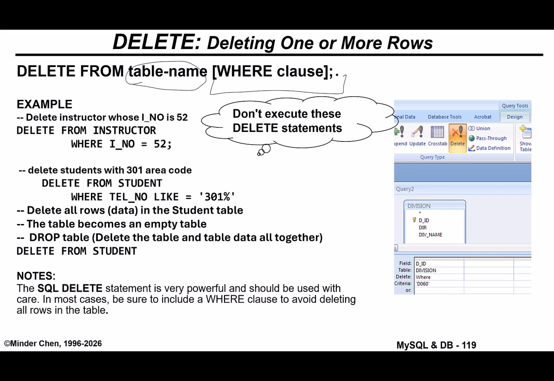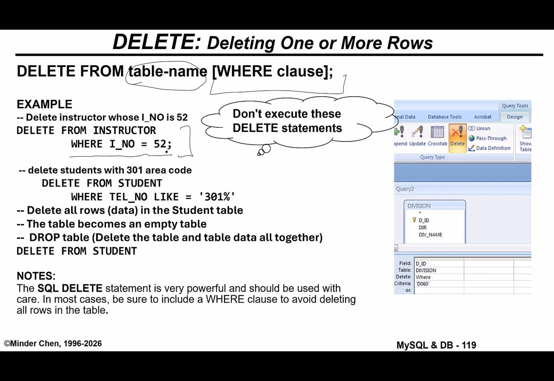Without a where clause, delete from table deletes all the rows. So let's look at an example. We say delete from instructor where instructor number is equal to 52. We are deleting instructor 52 from the instructor table, just one row, if instructor number 52 exists.